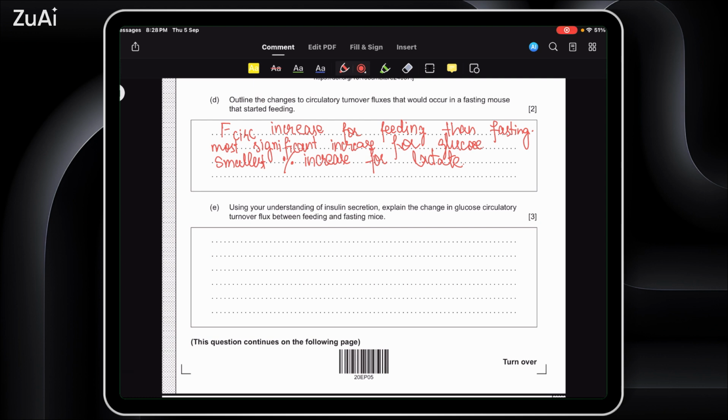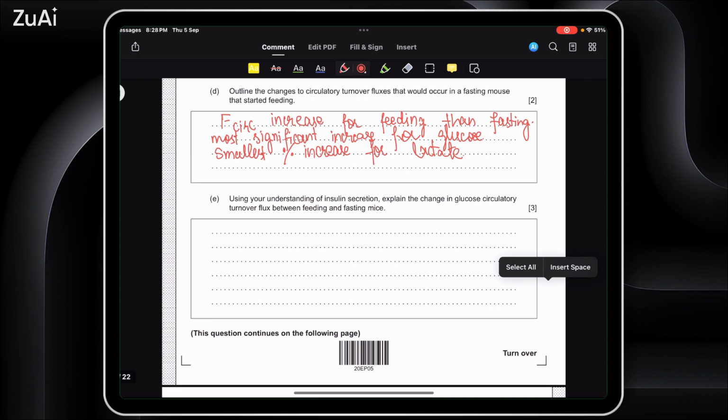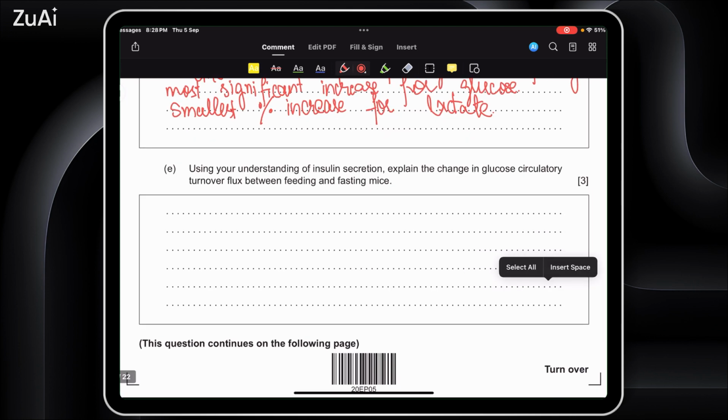and fasting mice. So insulin secretion. Insulin basically controls the blood glucose.